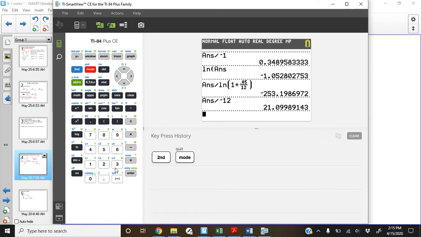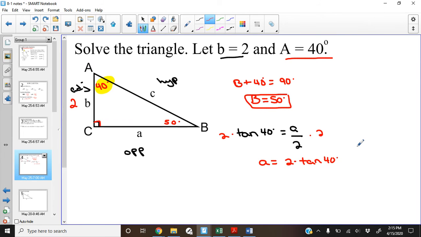So 2 times tan 40. And it froze, but when we do that, we get that A is 1.68.